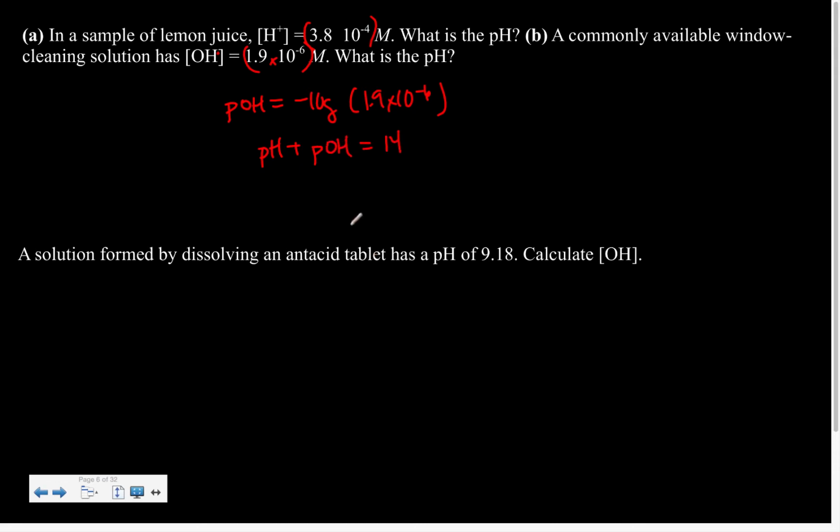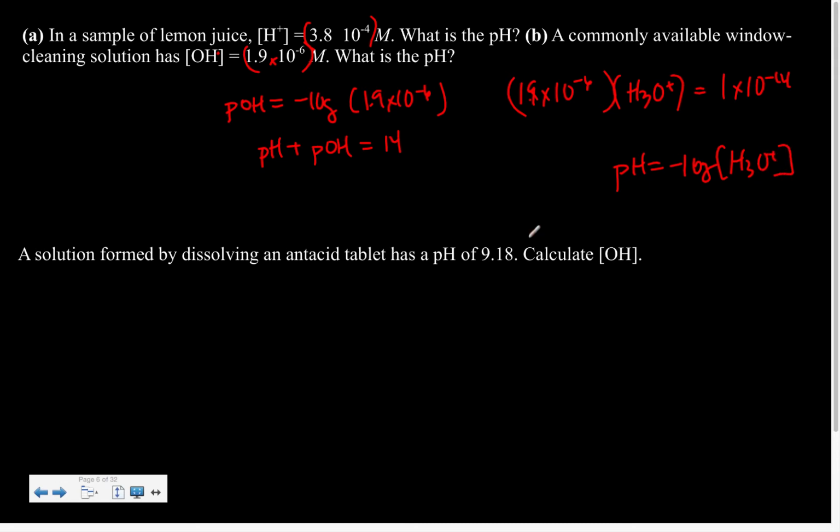Likewise, if I wanted to, I could take my 1.9 times 10 to the negative 6 times this, which is equal to 1 times 10 to the negative 14th. Solve for my hydronium ion concentration, and then plug that into my pH equals the negative log of this, yes? Either way gets you the same answer. Either way is approximately 2 steps. Doesn't matter which one you prefer. It's totally up to you, yes?